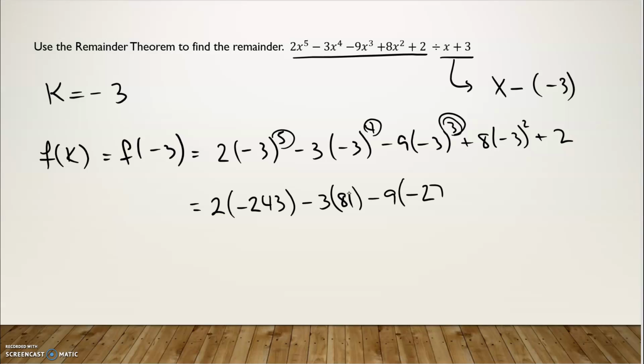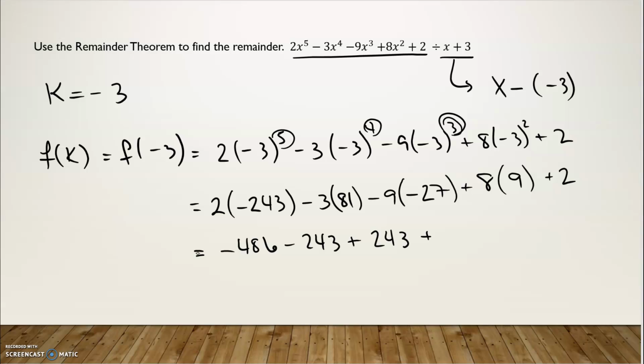That will be 27, plus, negative 3 raised to an even number is positive, so that will be 9, and then plus 2. 2 times negative 243 is negative 486. Then we've got 3 times 81, so that's negative 243. A negative times a negative is a positive, so we've got 9 times 27, that's 243.